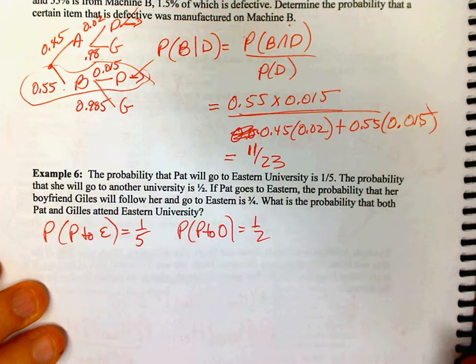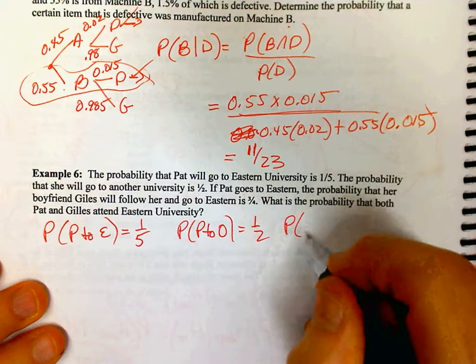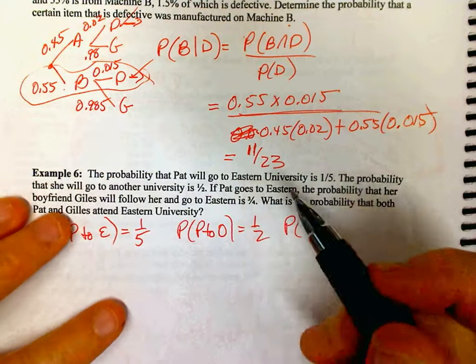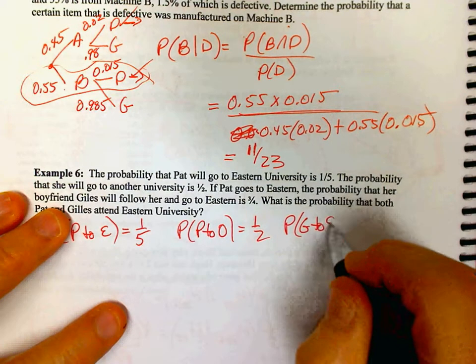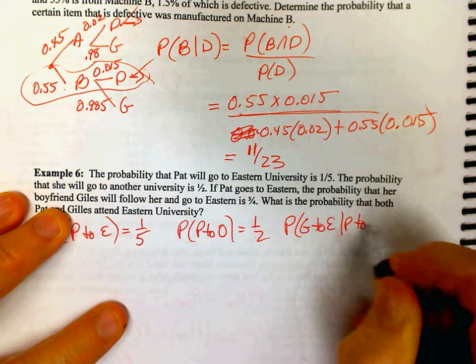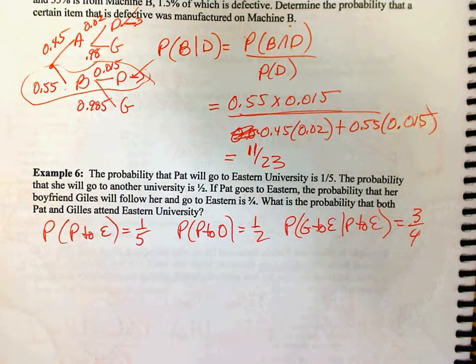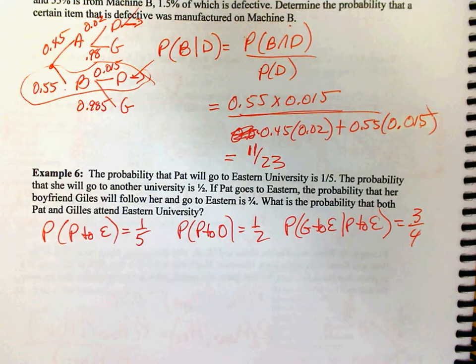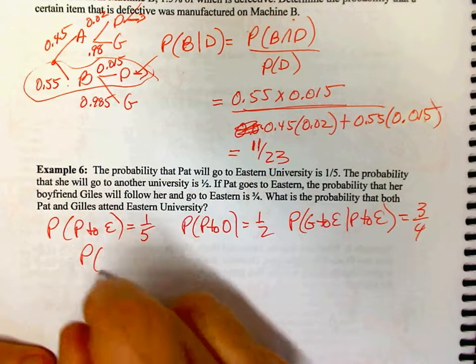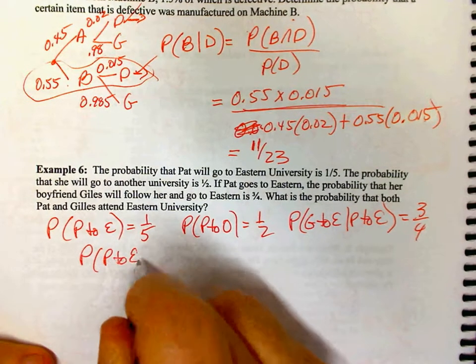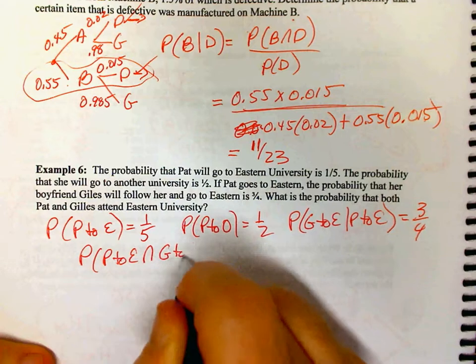So the probability Giles to Eastern given Pat to Eastern is equal to 3/4. What is the probability both of them go to Eastern? So what's the probability Pat to Eastern intersection Giles to Eastern? That's what they want us to calculate.